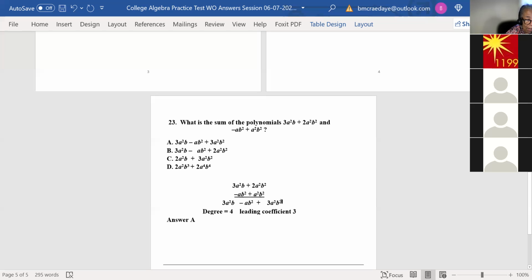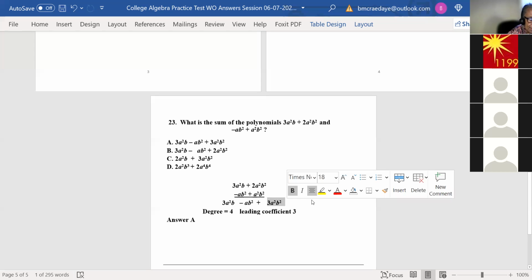So that's why, like Chastity said, it's not the highest, because 2 plus 2 is 4. So it can't be 3, because 4 is the biggest number when you add up the powers on the variables in the expressions. You follow, Audrey? Yes. Okay, so the degree is 4, and the leading coefficient is this 3 that's in front of this expression that has the highest total for the powers.